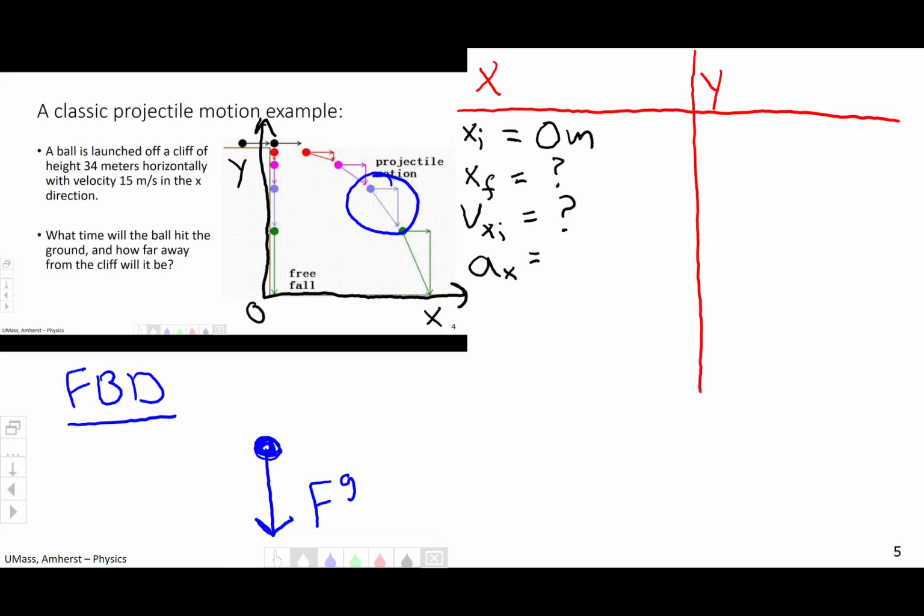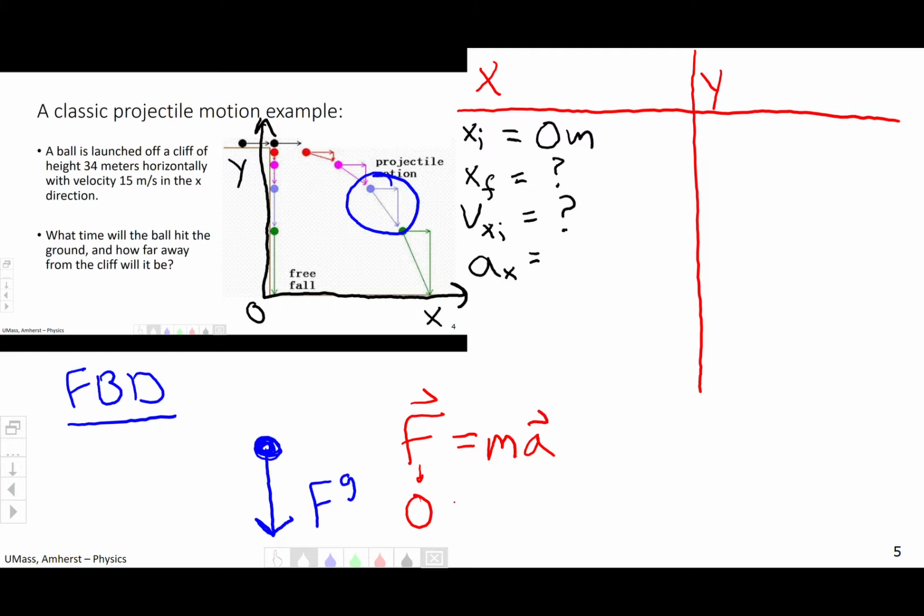And so let's become the ball and let's think about what's happening. Is there any other force that's acting on the ball in the positive or negative x direction? And there is not. We're not pushing the ball as it's falling through the air. We just have the force of gravity. So, using Newton's second law, force is equal to mass times acceleration.